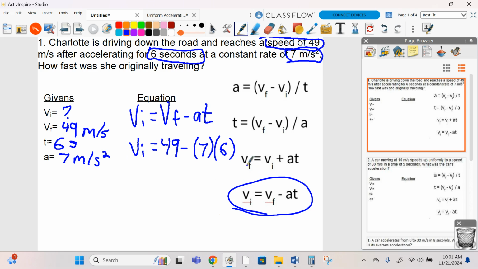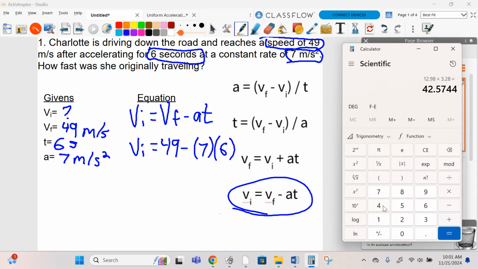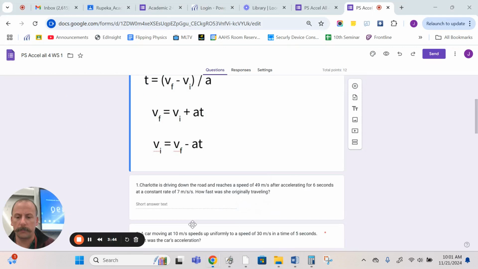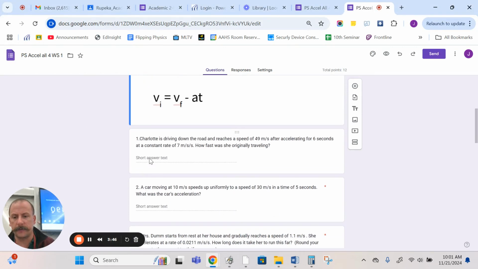And the nice thing with either the VF or the VI, I can just type that in a calculator just like it is. But 49 minus 7 times 6 equals 7 meters per second. And the 7 is a value that I want to put into the form. So again, answer for number 1, that happens to be 7.